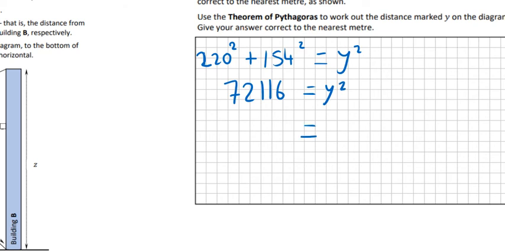And then the last bit, you're going to have to do the square root of 72116. And that gives us 268.54.